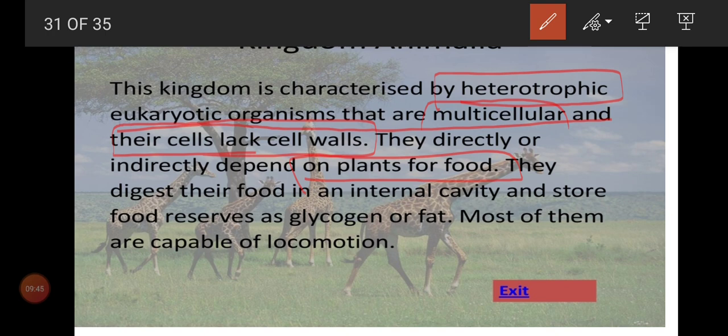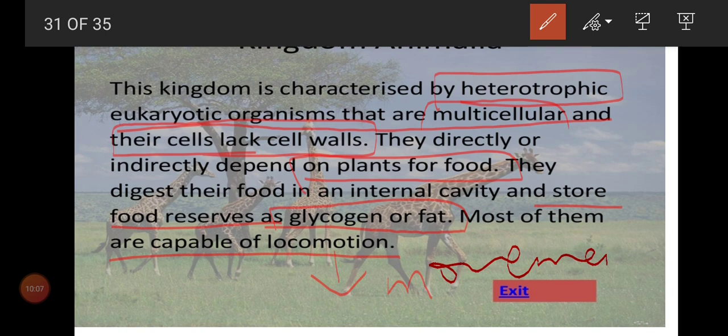And at last, whatever food we take, it is stored in the form of glycogen or fat. Glycogen or fat will be stored in the adipose tissues of a human body or the adipose tissues of animals. Most of them are capable of locomotion. Locomotion means movement. So normally most animals move from one place to another.